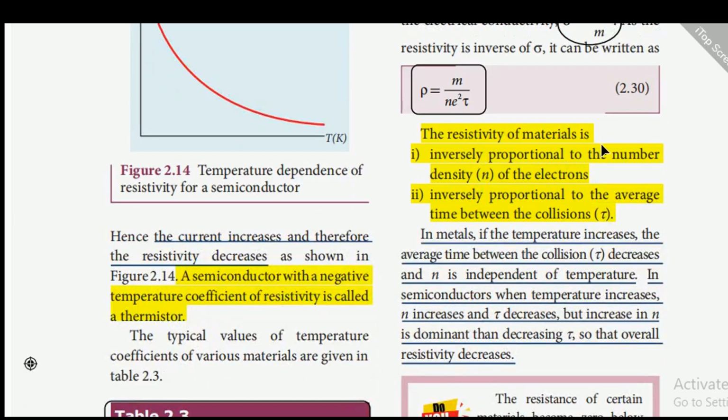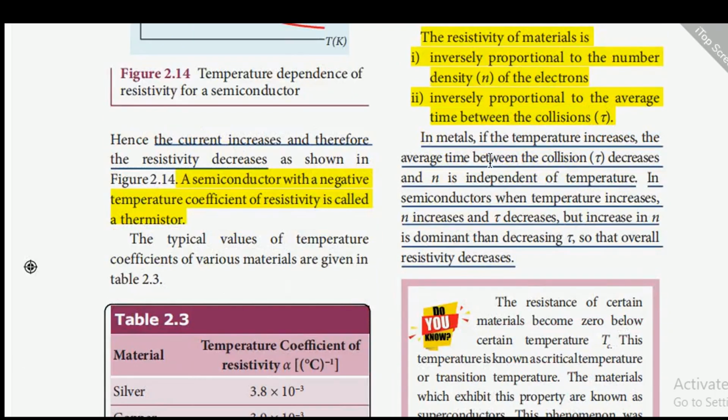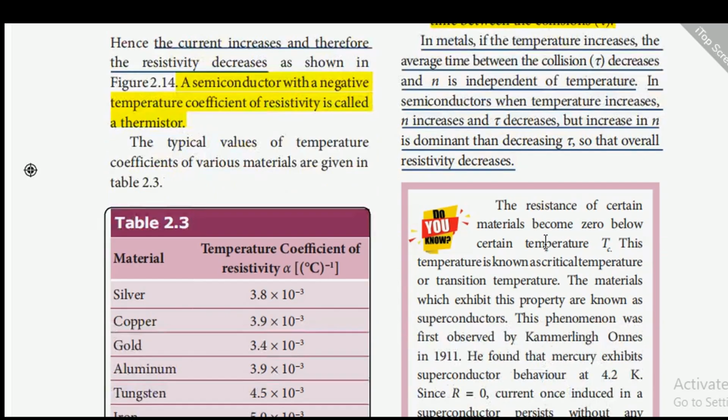So the resistivity of materials is inversely proportional to the number density of the electrons, and it is also inversely proportional to the average time between the collisions τ. So in metals, if the temperature increases, the average time between the collision τ decreases and n is independent of temperature. In semiconductors, when temperature increases, n increases and τ decreases, but increase in n is dominant over decrease in τ, so that overall resistivity decreases.